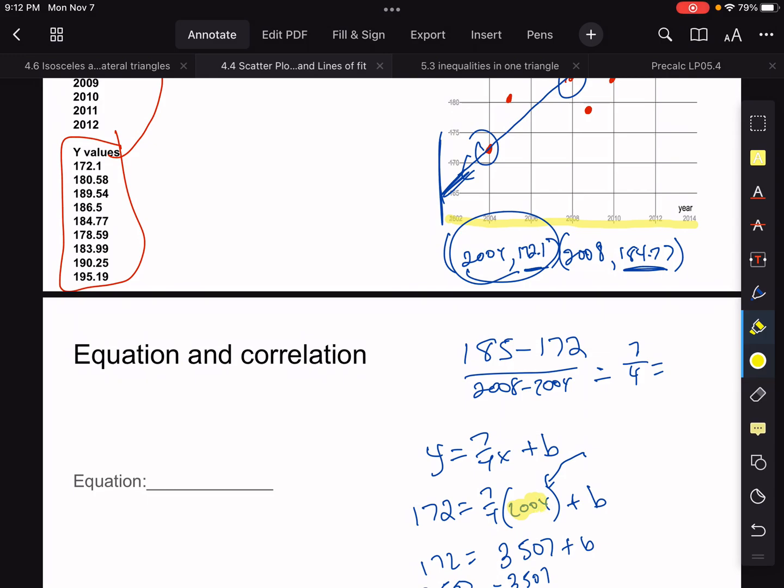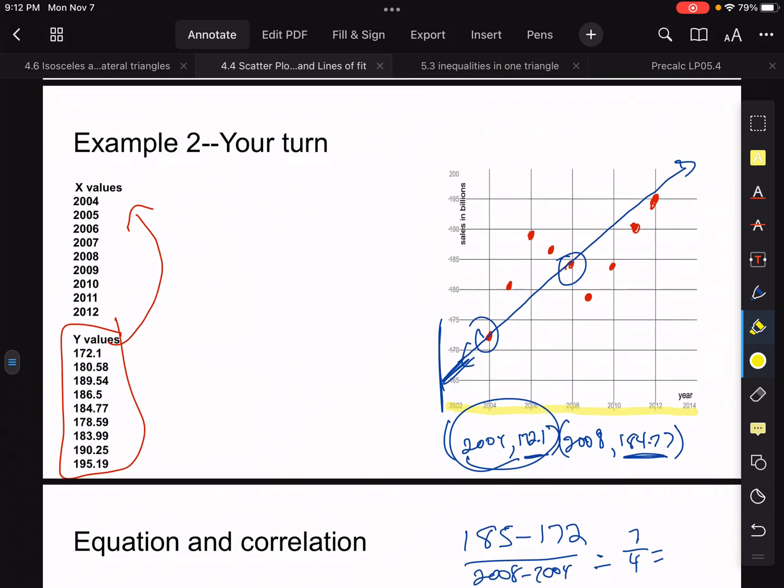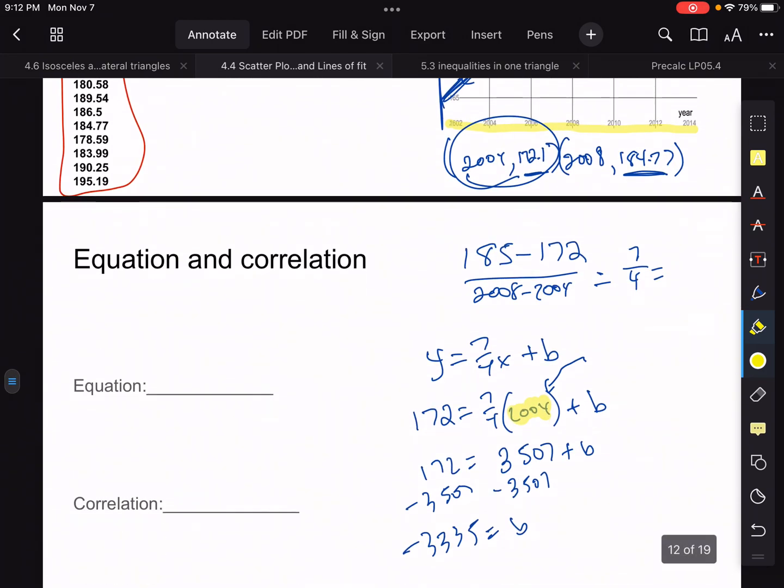Okay, so instead of saying 2004 when I plug that back in, maybe what we'll define it as is years since 2000. Okay, so if I did years since 2000, then that actually becomes a 4. Okay, so let's try that. If we did a 4 there instead, hopefully you guys caught that.